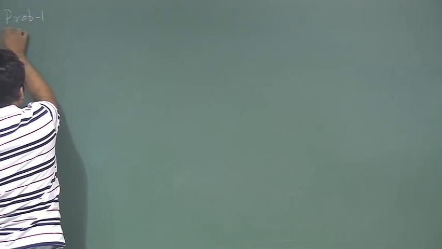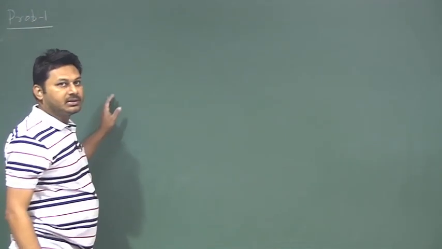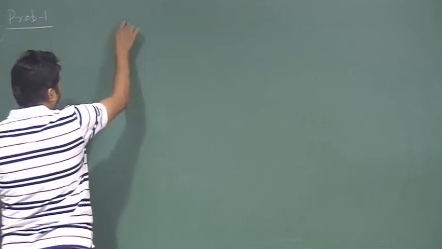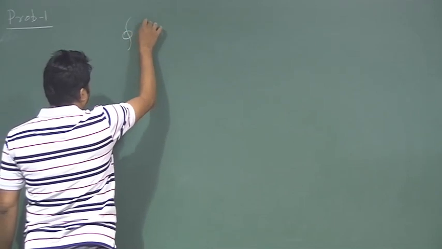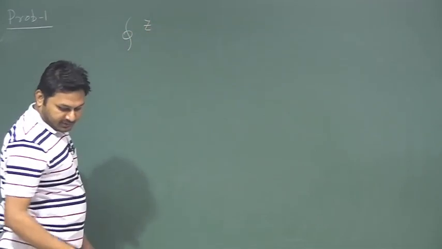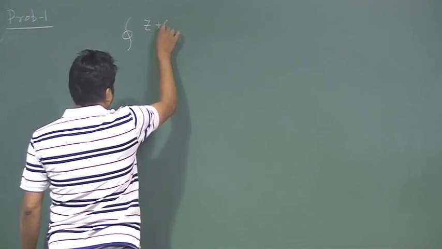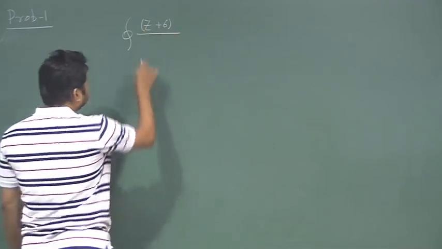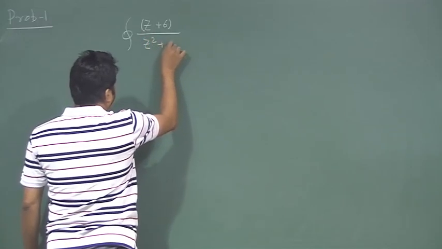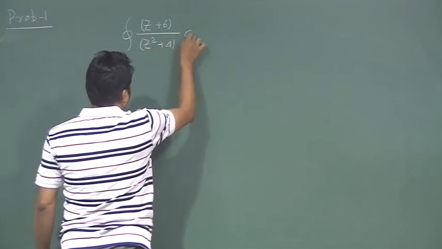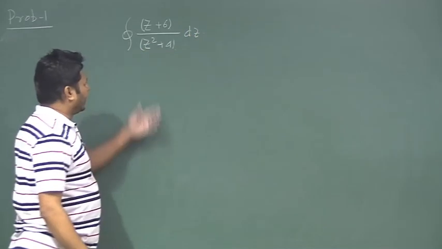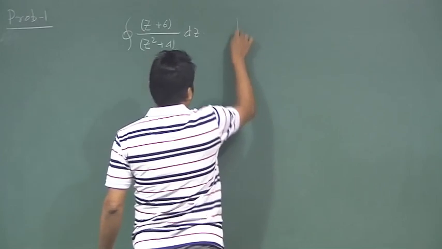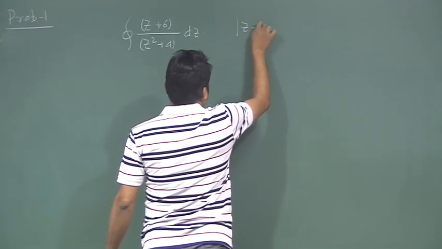We will do several problems related to this, because this is a very important theory that we just showed. The integration that is given to us is the integral of (z plus 6) over (z square plus 4) dz. I need to evaluate this integration, but I need to know for which region I am doing this.